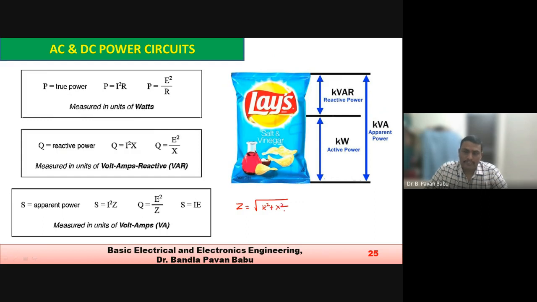X may be a combination of XL or XC or both. Z defines the impedance, which represents the overall circuit's real and reactive components. R represents the real component and X represents the reactive component. So that is the introduction to real, reactive and apparent power.